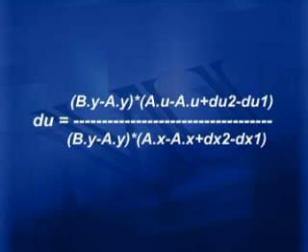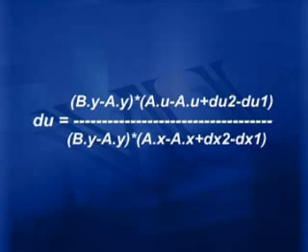And this can be further simplified as du equal to (b.y minus a.y) times (a.u minus a.u plus du2 minus du1) over (b.y minus a.y) times (a.x minus a.x plus dx2 minus dx1).